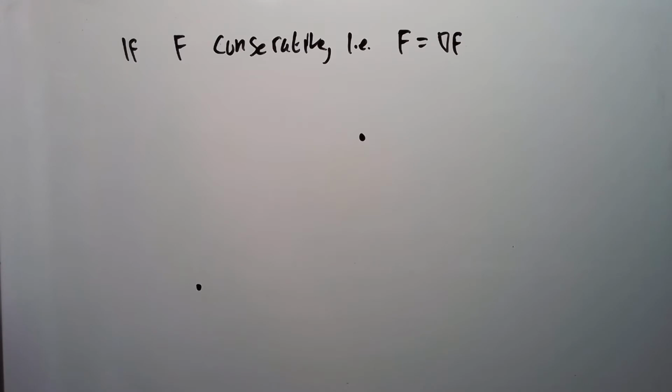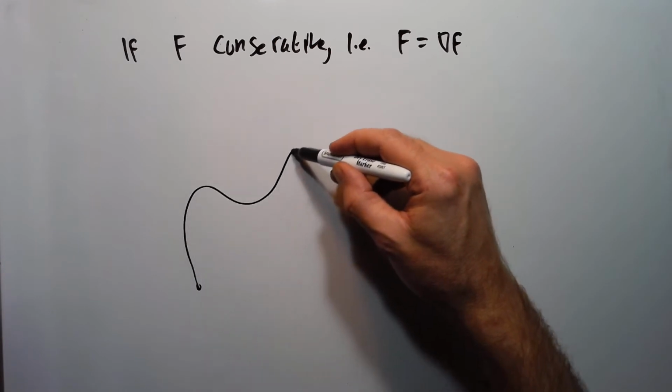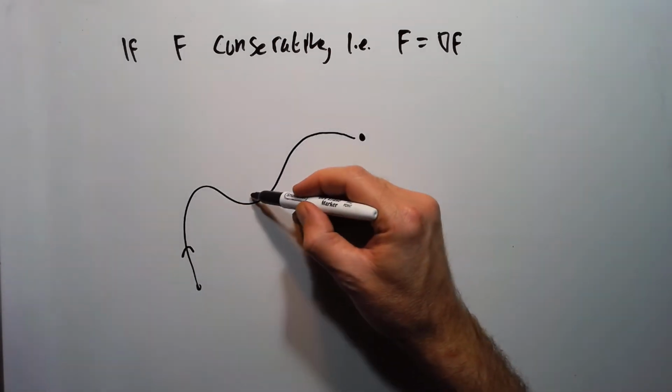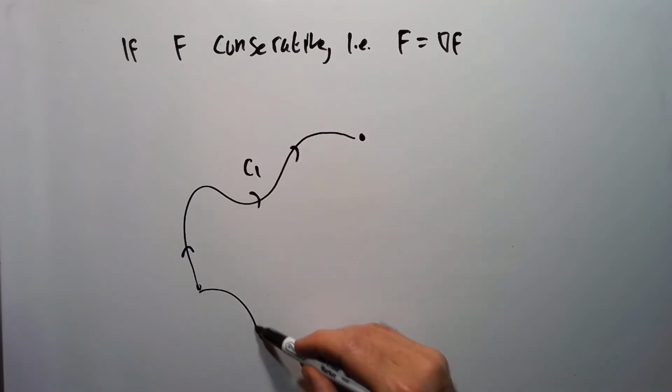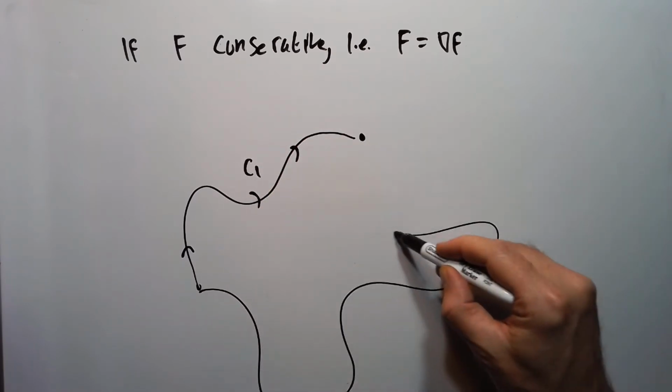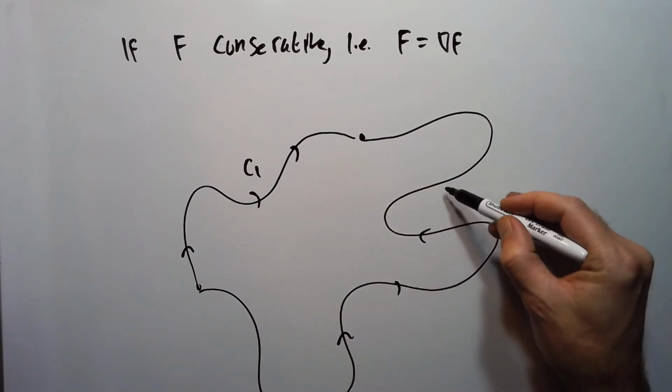Okay, so let me explain this conservative thing a bit more. Again, it's path independent. So say we had 2 points here, I could go to the first one, say like that, call that C1, and this one over here I could go like this, the same one around that way.